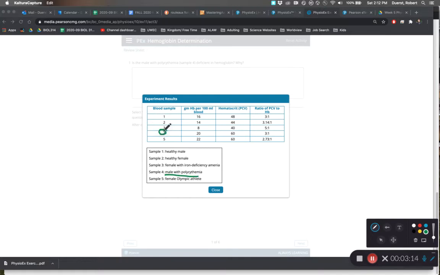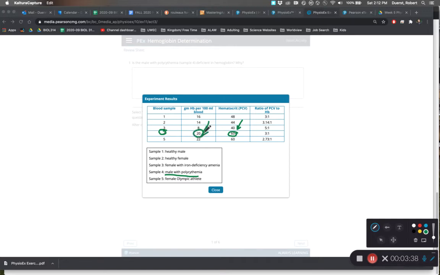So this individual right here had an elevated hematocrit. So this individual has more than the average amount of red blood cells, polycythemia. However, when we look at the amount of hemoglobin per milliliter of blood, this individual has slightly elevated hemoglobin concentration.